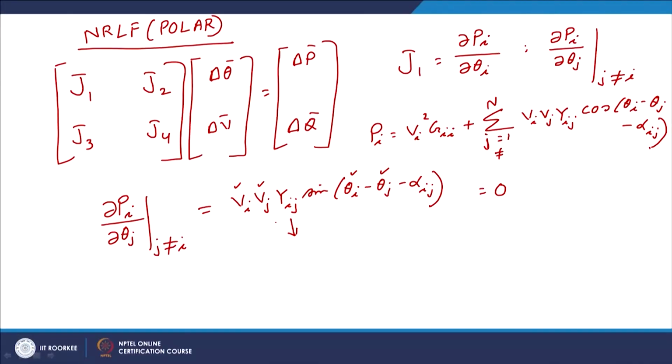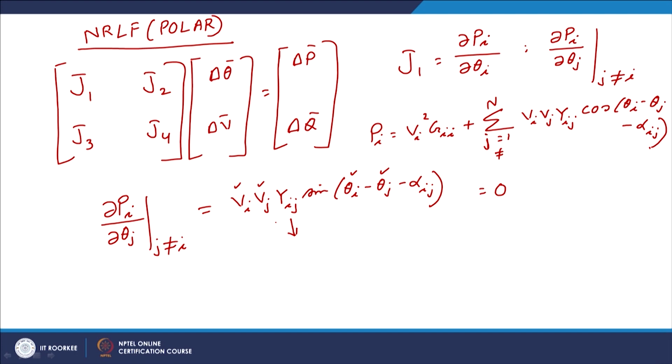Similarly, if we write down the expression of del Pi by del theta i, we will find that depending upon whether Yij is 0 or not, that particular element would be 0. Similarly, if we look at the expressions of J2, J3 and J4, we will again find that depending upon the value of Yij, that means whether there is any direct connection between bus i and bus j or not, these matrices J2, J3, J4 can have many 0 elements.